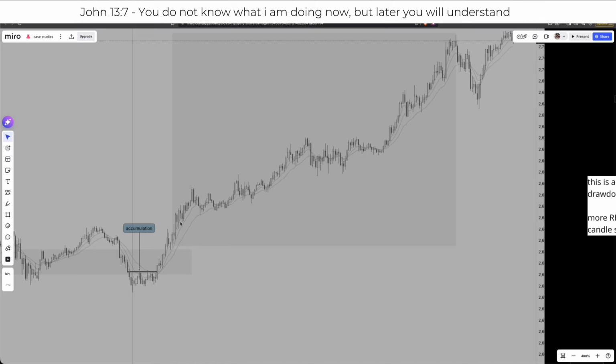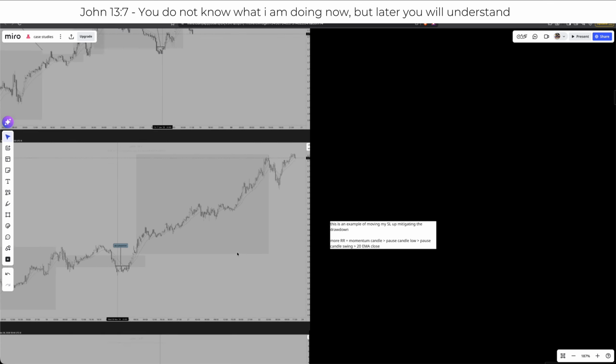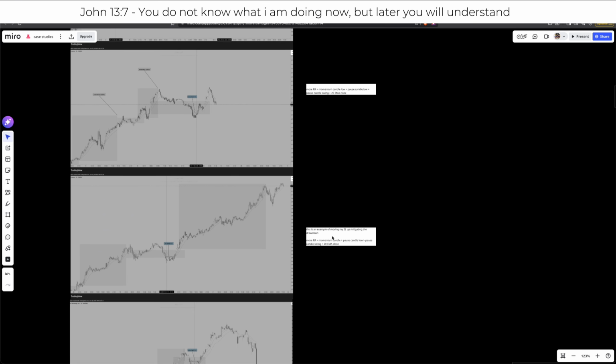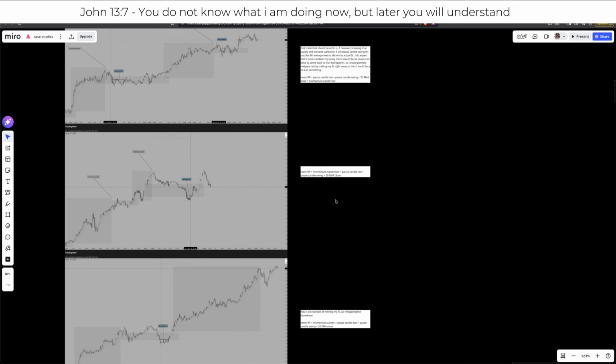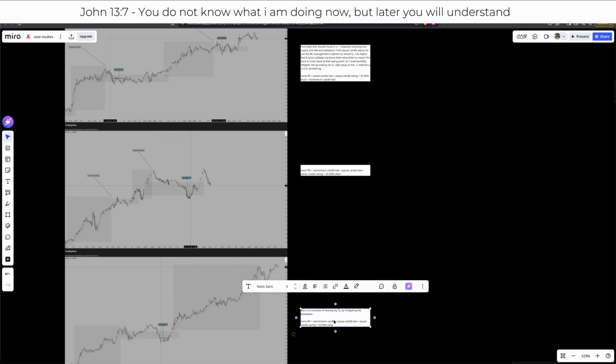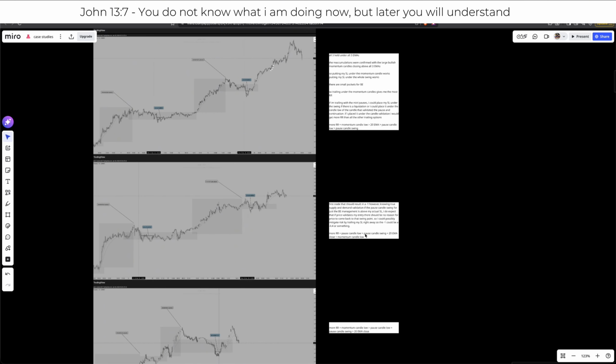And then the swings are just under here, under here, under here. So yeah, I get more out of the momentum candle, pause candle low. So it looks like the pause candle low and the momentum candle are the winners so far. The low, pause candle low. So pause candle low, pause candle swing, momentum candle low.